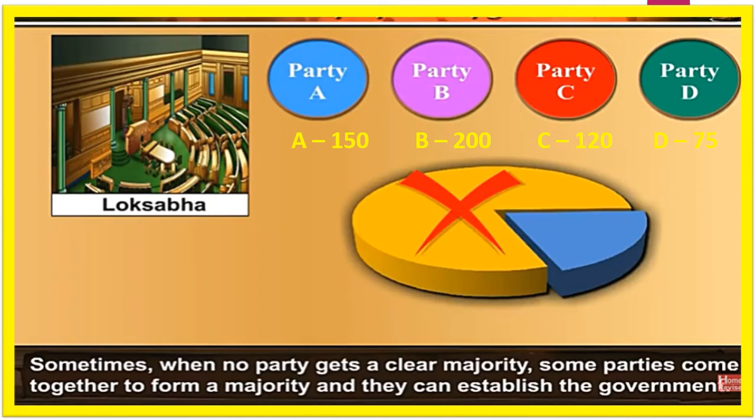Sometimes this happens when no party gets a clear-cut majority. Some parties then come together to form a majority so that they can form the government. Now you can see here, nobody has got the magic number of 273. Party A has got 150, party B has got 200, party C has got 120, and party D has got 75 seats.